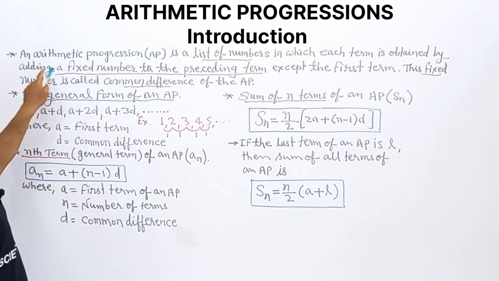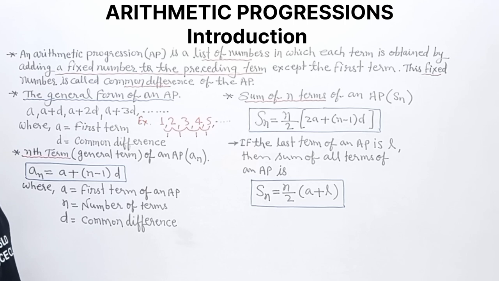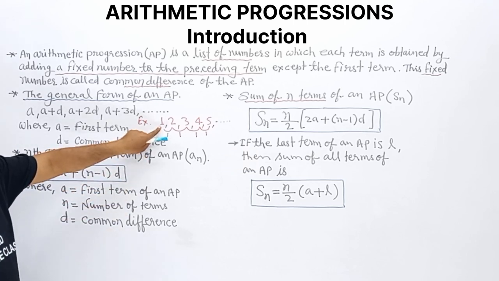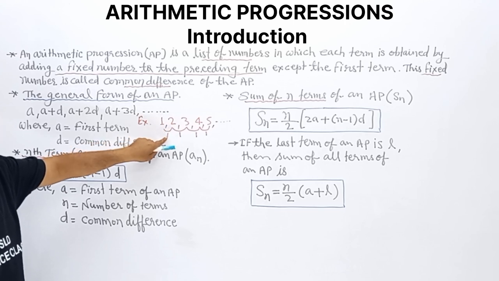So we add a fixed number to the preceding number, except for the first term. This is the first term, and from the second term onward we add a fixed number, which is called the common difference.